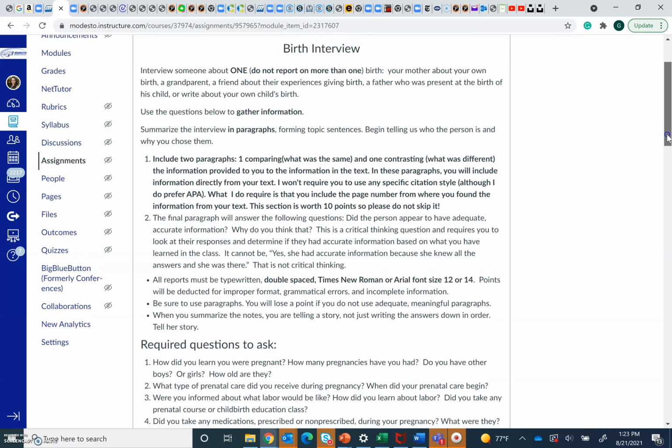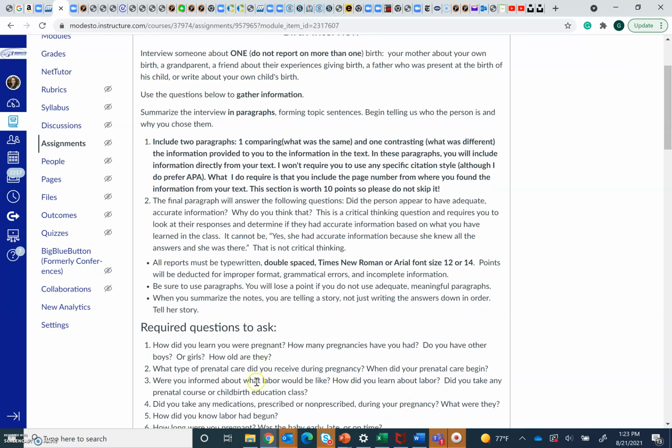Okay, so after you've summarized your interview, you're going to have 2 paragraphs. One paragraph is going to be comparing the interview responses to the information in your textbook. The other paragraph is going to be contrasting, so what's different about the information in your interview and the information in your textbook.